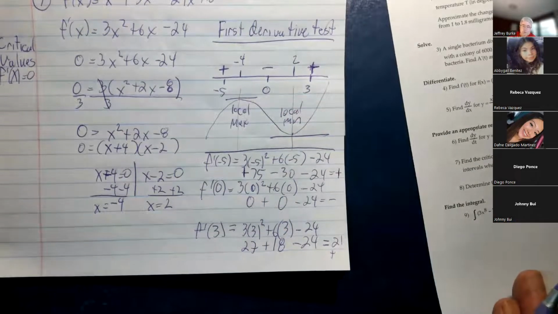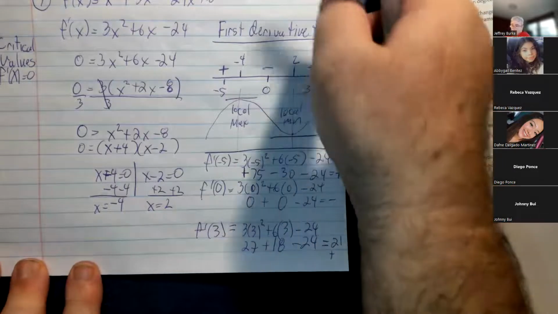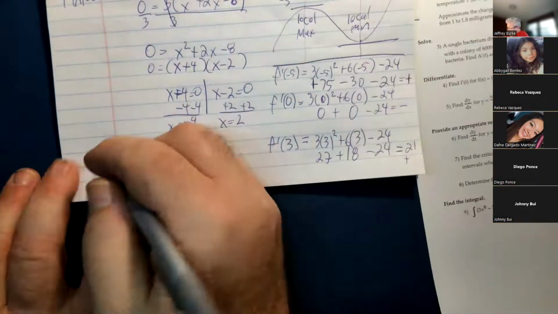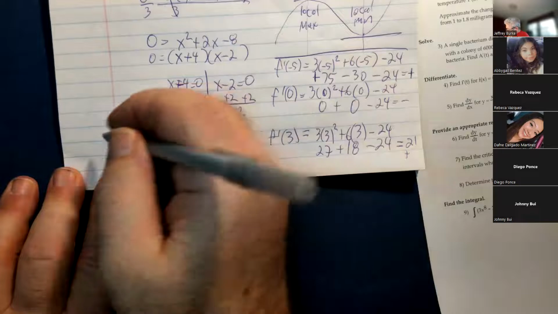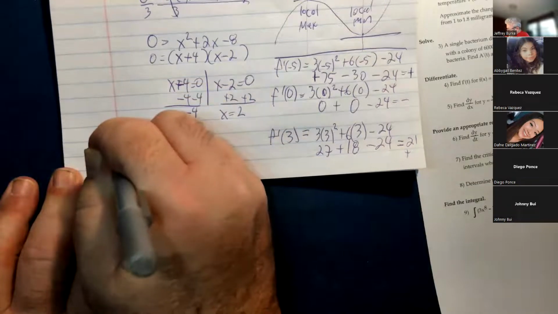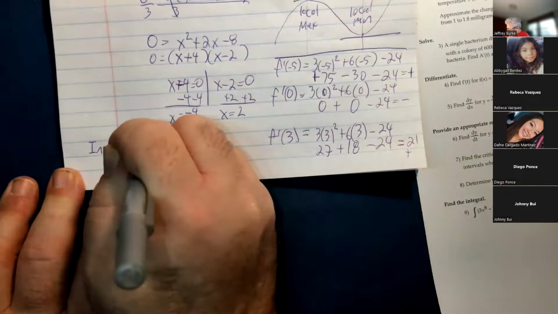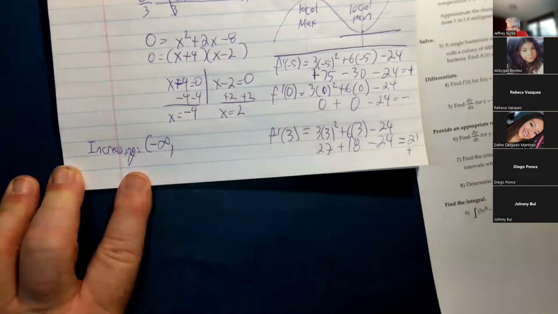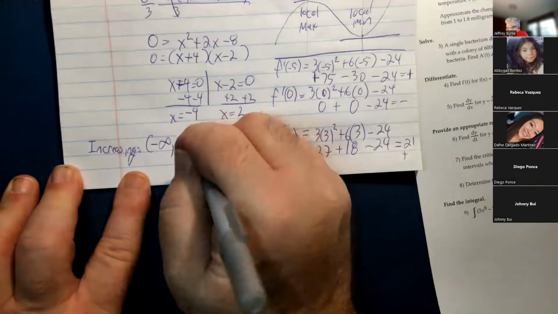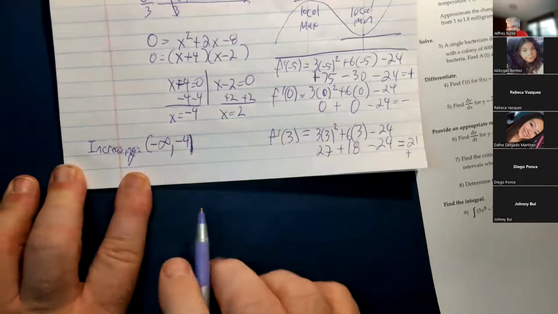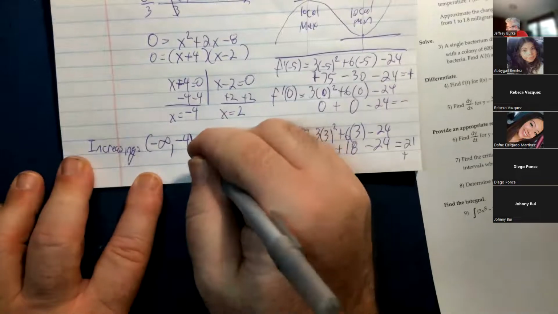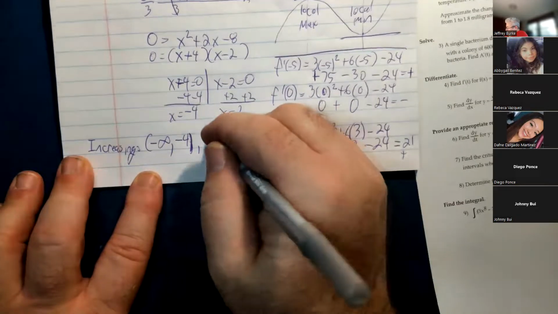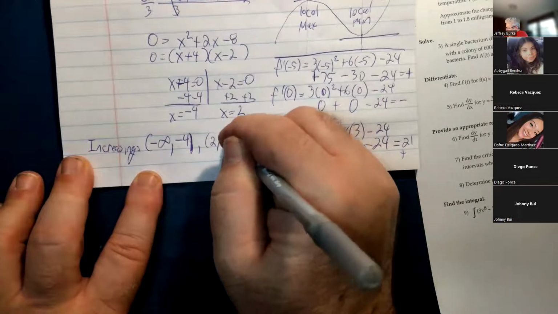So what are these intervals that they're referring to in terms of where it's increasing? Okay, so where is it increasing? Let's put this down here. It's increasing from -infinity to -4, and then it's also increasing on the interval of 2 to infinity.